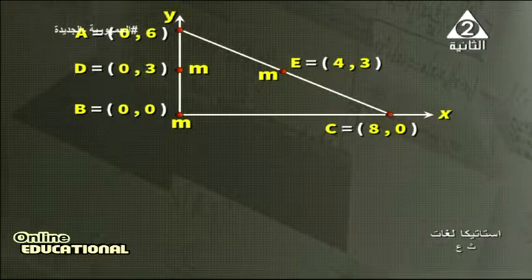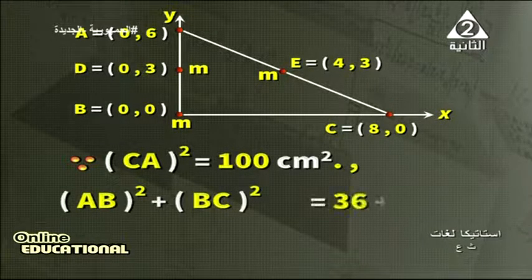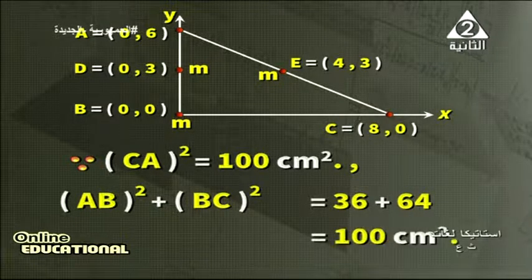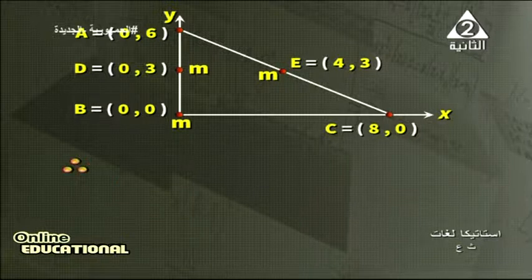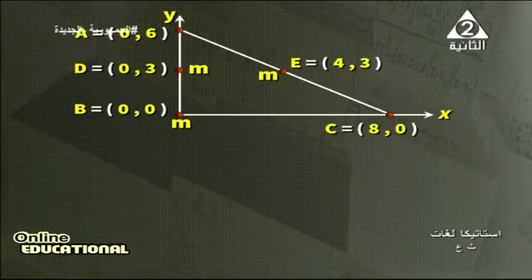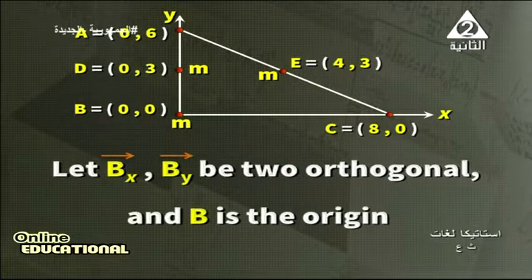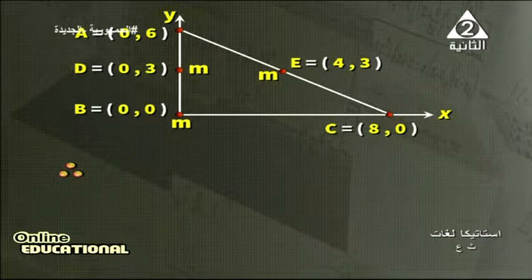Then, my dear student, we know that AC square equals 100, AB square plus BC square equals also 100. Therefore, we deduce that triangle ABC right at B. We let BX, BY, 2 orthogonal, and B is origin.